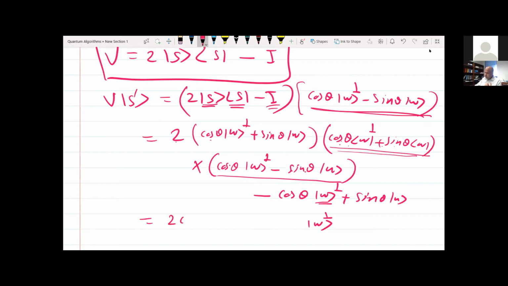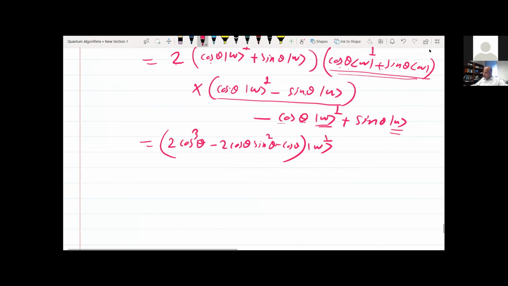This becomes 2 cos cubed theta minus 2 cos theta sine squared theta, and then minus cos theta comes from here.